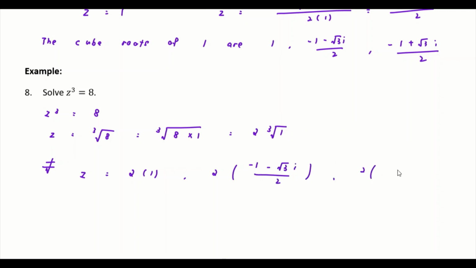So 2 multiplied by negative 1 plus square root 3i over 2. By solving this, I'll be able to get 2, and then negative 1 minus square root 3i, and then 2 times negative 1 plus square root 3i terms. So that's my answer for the cube roots of 8.